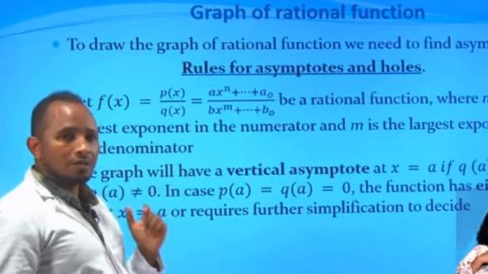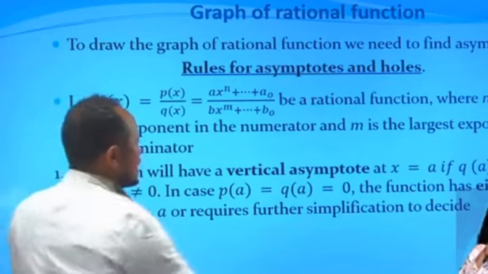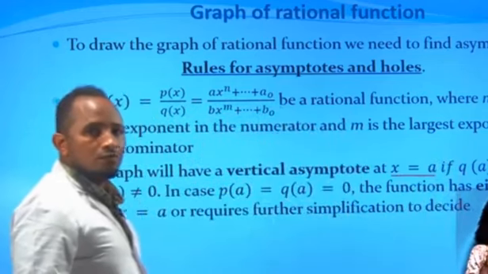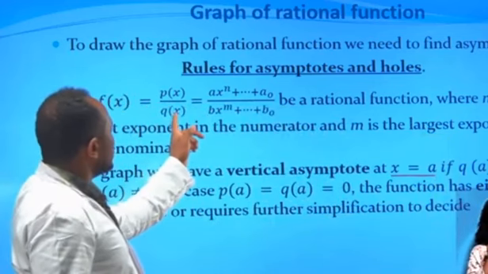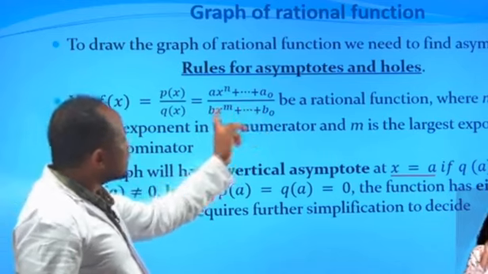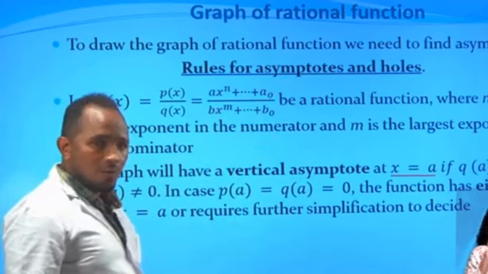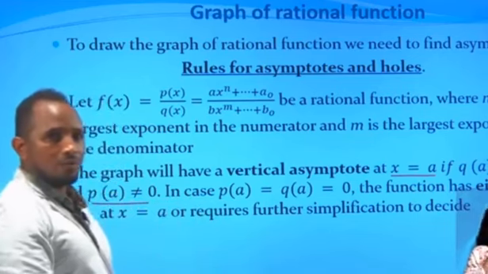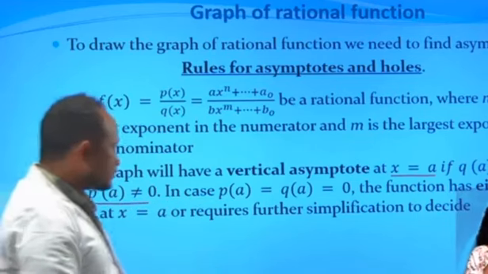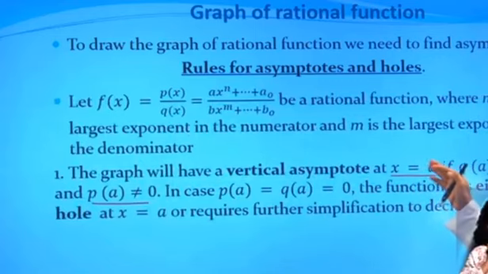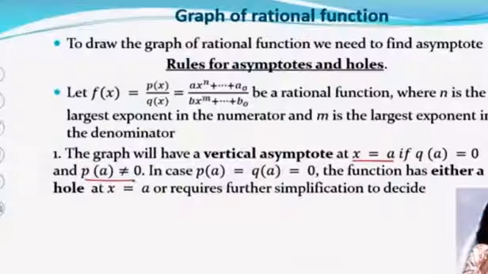If you take this one, x minus 1 over x minus 1 times x plus 1, the values of x that make the denominator 0 are 1 and negative 1. But 1 makes both the numerator and the denominator 0.